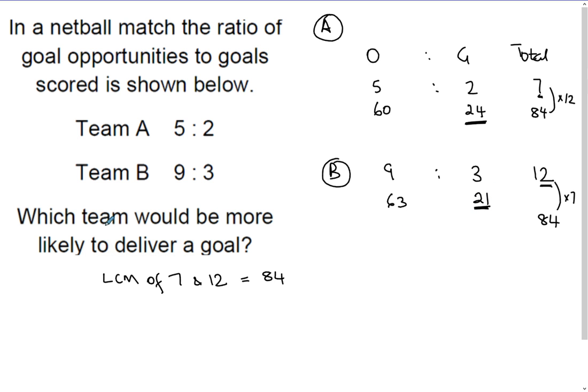So if you're trying to find which team would be more likely, it would be Team A, because 24 is greater than 21. So Team A, 24 goals is greater than 21, in 84 matches. I'm so happy about being able to figure that one out that I had to write my 84 matches. All right, good.